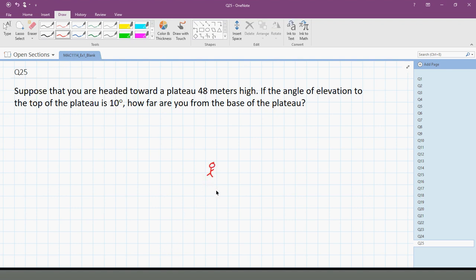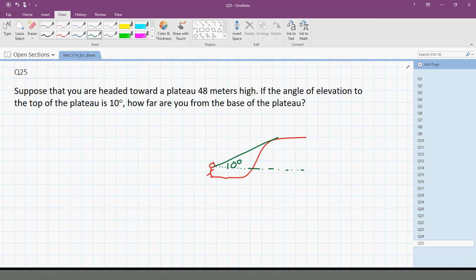Here I am, walking along. There's some sort of plateau up here that I'm headed towards. It says my angle of elevation is 10 degrees. Remember in class I said your angle of elevation: there's a horizontal line from your eyesight, and when you look up, that's your angle of elevation.